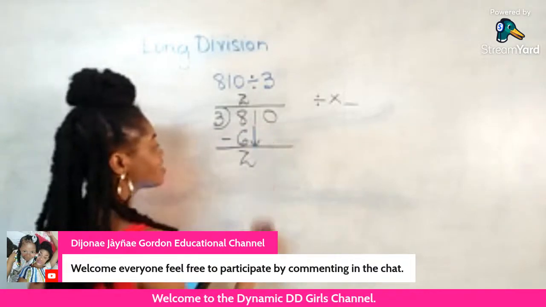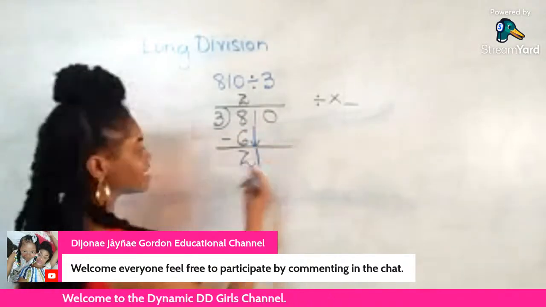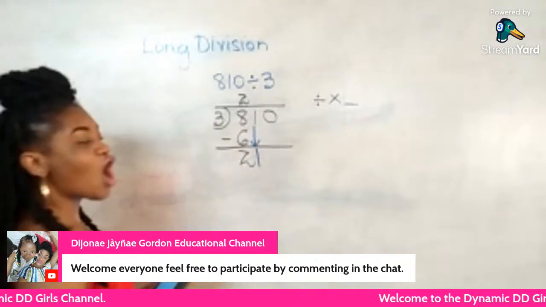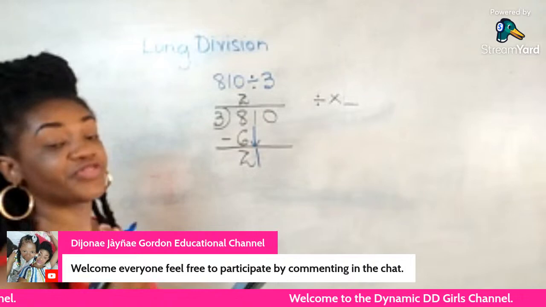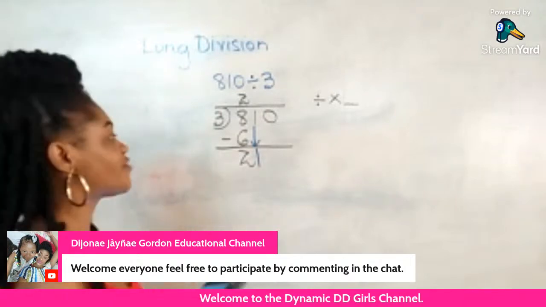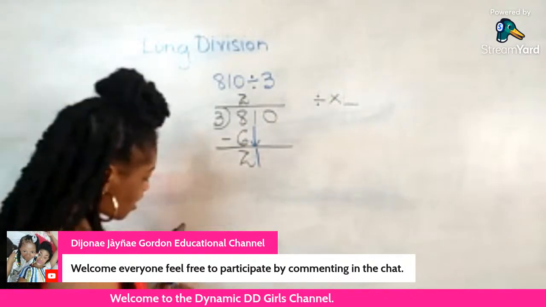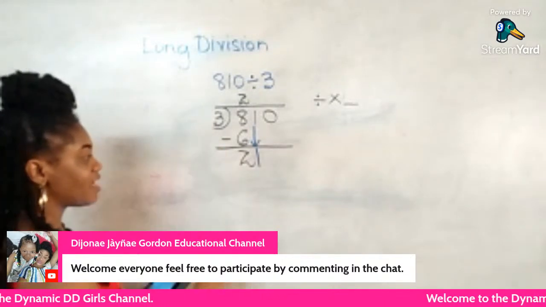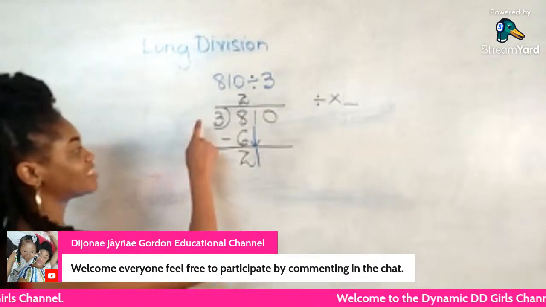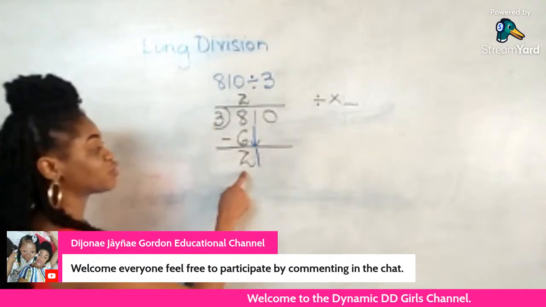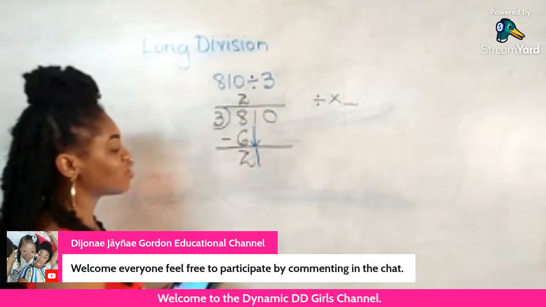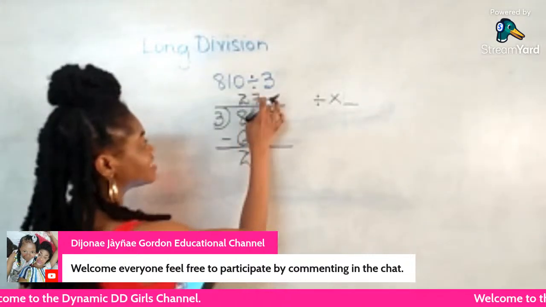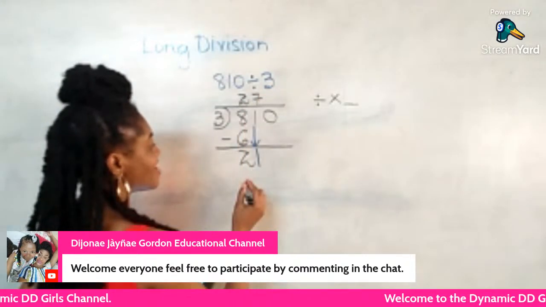So I'm going to carry it down right beside the 2. And now we have 21. How many groups of 3's can we get from 21? All right, so you're using your 3 times table to help you right here. What do you multiply by 3 to give you 21? And of course, that is 7. 3 multiplied by 7 is 21.